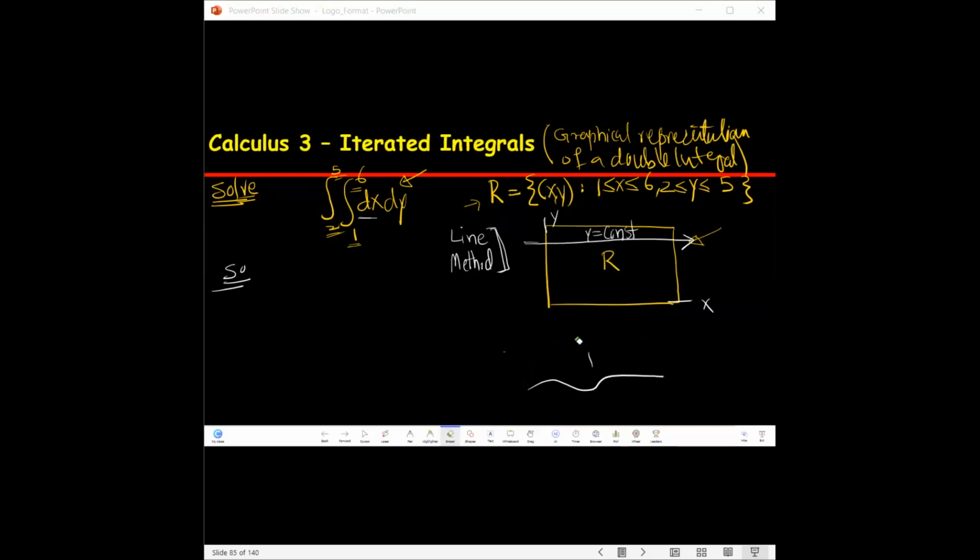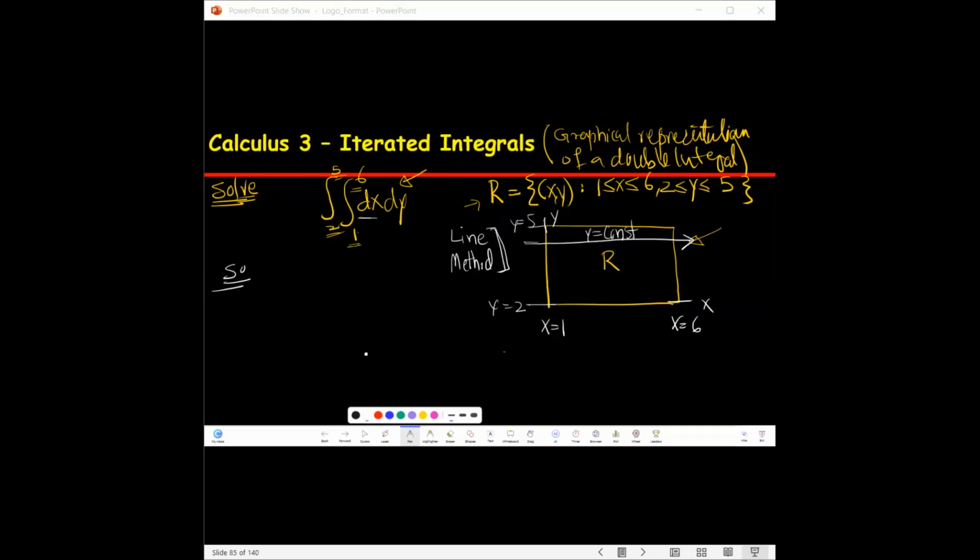Okay. This is a very simple example to understand the graphical method or graphical representation. So this axis goes 0 to 1 for x. Really it means x equals 1 and x equals 6. And here, y equals 2 and y equals 5.